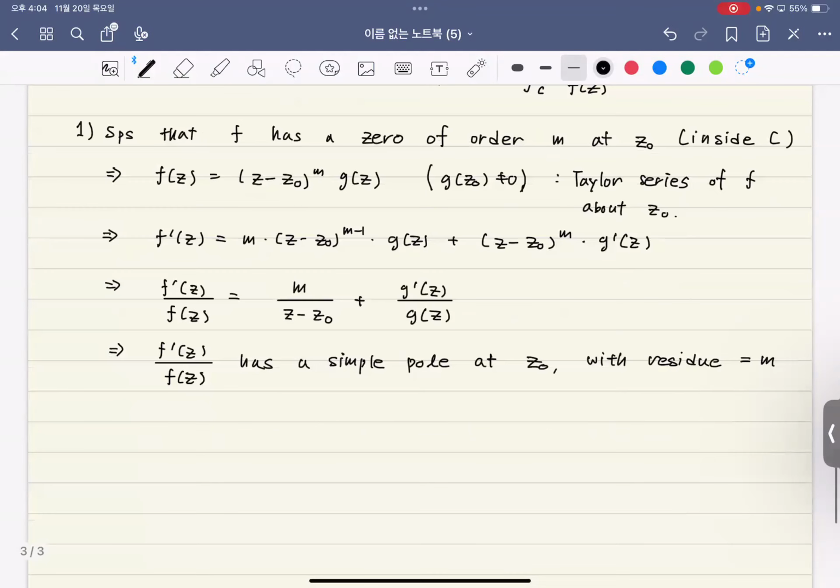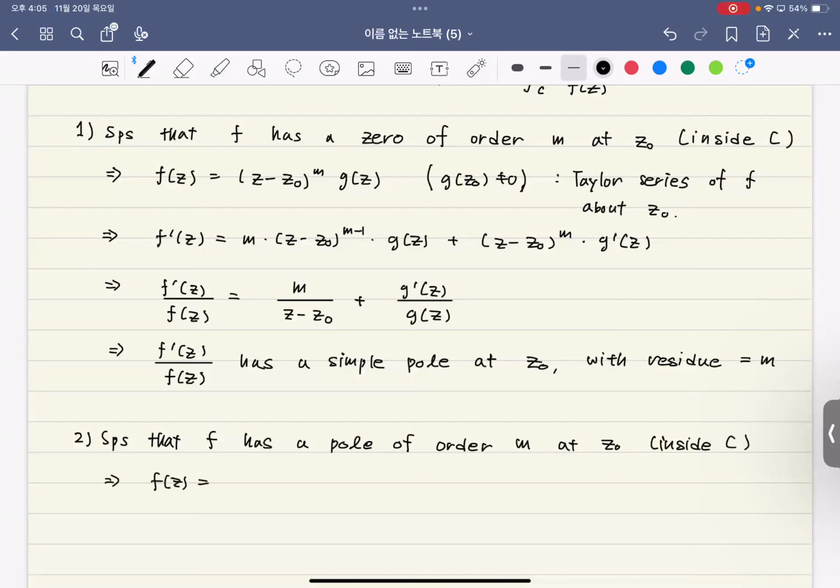Okay, and next, now we suppose that f has a pole of order m at some point. Then we can apply the same trick. Then f of z has a Laurent series that looks like this, g of z over (z minus z0) to the m, and g of z0 is non-zero.